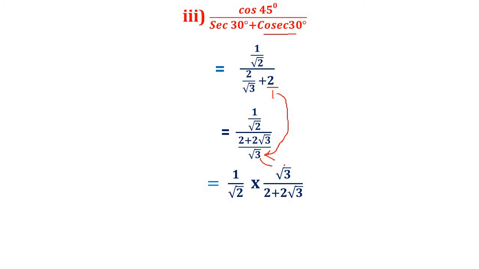So if you take the reciprocal, this root 3 goes to numerator, and 2 plus 2 root 3 as it is. So we can write root 3 into 1 is root 3. Next 2 into root 2, 2 root 2, plus 2 into root 3 into root 2, root 6. This is how we can find the values of the trigonometric ratios.